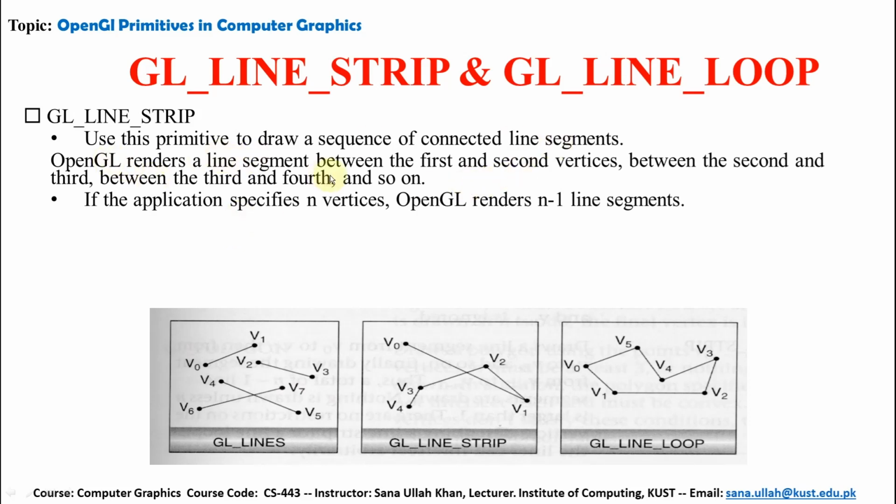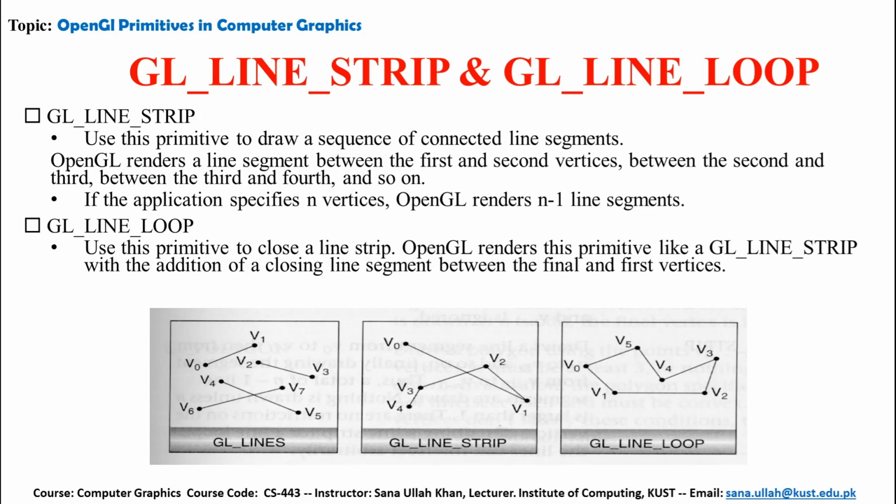OpenGL renders a line segment between the first and second vertex, between the second and third, between the third and fourth, and so on. If the application specifies n vertices, OpenGL renders n-1 line segments. So line loop uses the primitive to close a line strip. OpenGL renders this primitive like a GL line strip with the addition of a closing line segment between the final and first vertex.